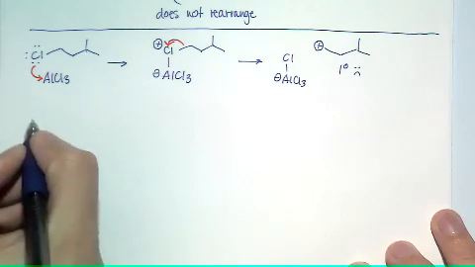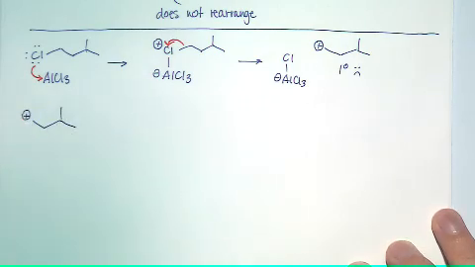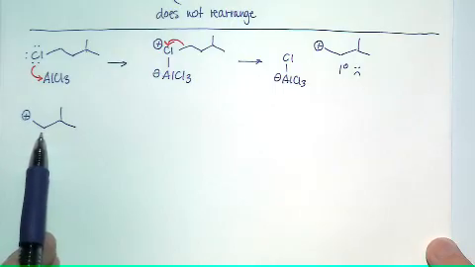So if we look at the other places where we could put this positive charge, we could have it go here. That would be a secondary, and that's certainly better than primary.